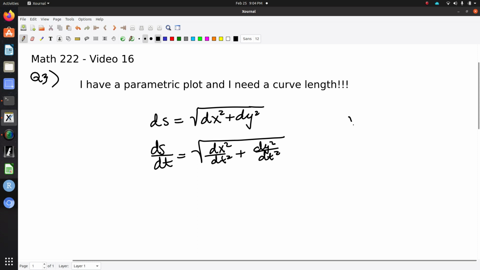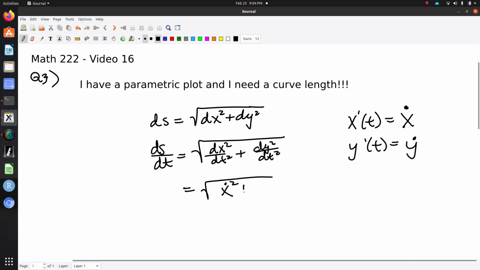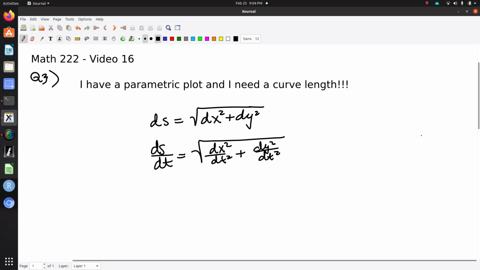And let me tell you, for the derivative of x with respect to t, physicists use this really cool notation. They just put a little dot on top of it. So I like to write this as just x dot squared plus y dot squared because I'm super lazy. So feel free to be lazy with me, and that's fine.